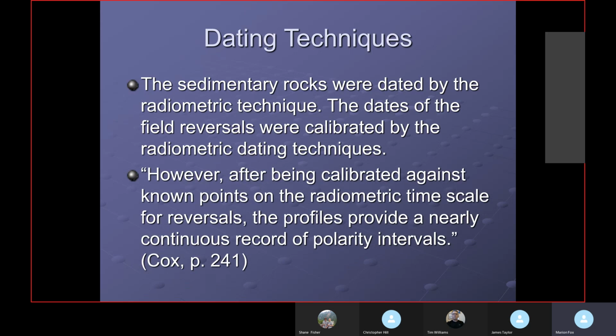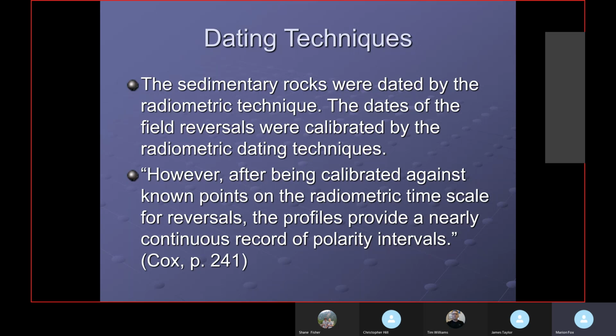Cox tells us, and again, this is all in the book, "However, after being calibrated against known points on a radiometric timescale for reversals, the profiles provide a nearly continuous record of polarity intervals." So all of this dating of these magnetic field reversals is based upon radiometric timescales and radiometric dating techniques.